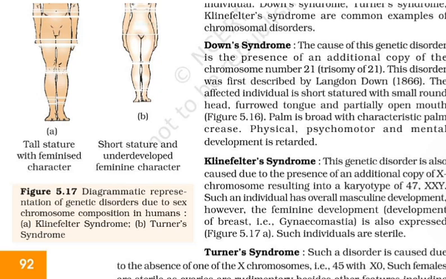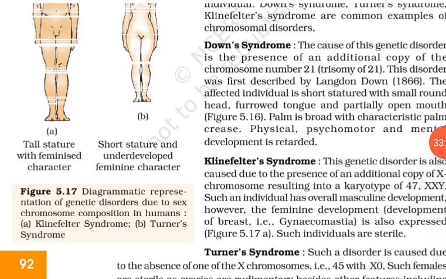The affected individual is short-statured with a small round head, furrowed tongue, and partially open mouth. Palm is broad with characteristic palm crease. Physical, psychomotor, and mental development is retarded.